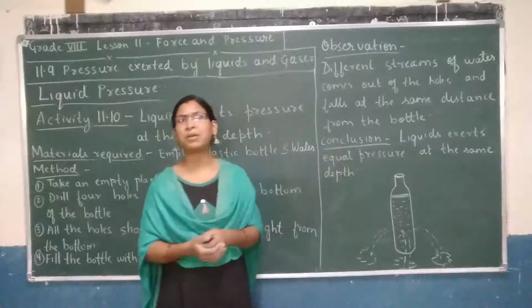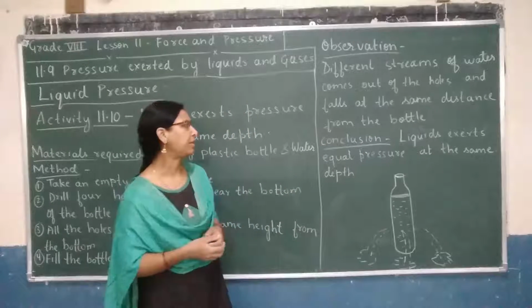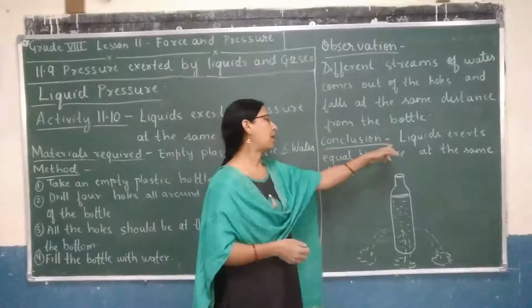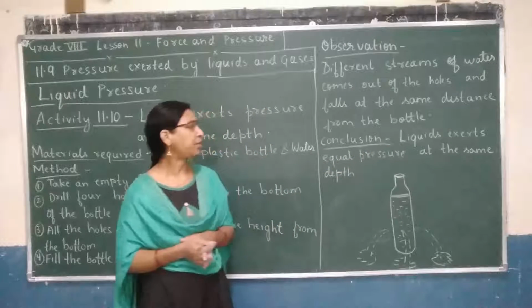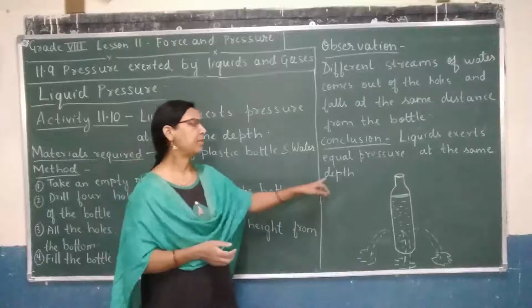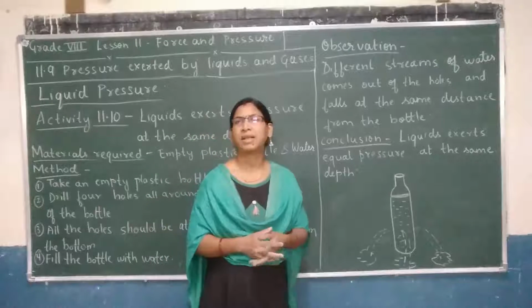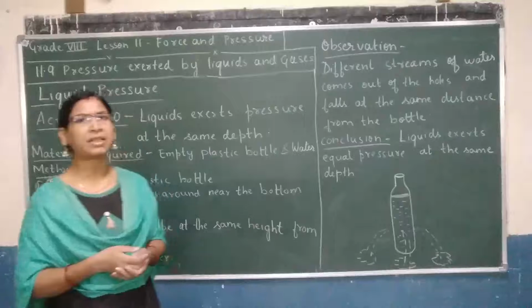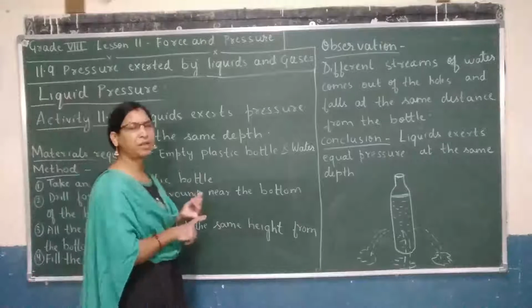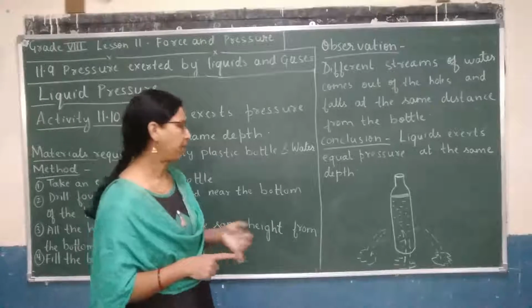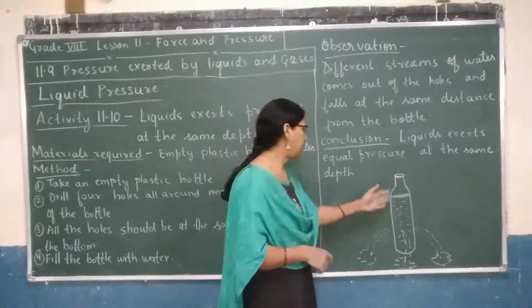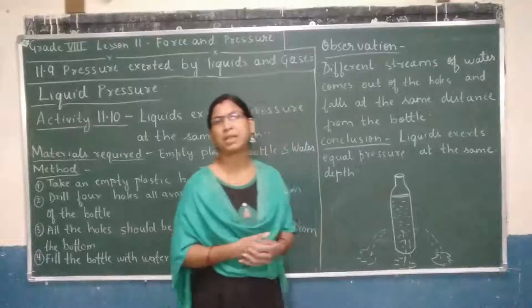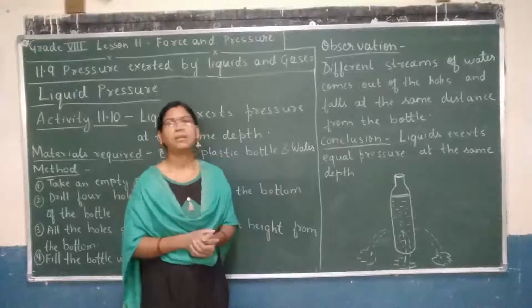So what do we conclude from this experiment, children? We conclude that liquids exert equal pressure at the same depth. Here you can see the figure for reference and you can do this activity.